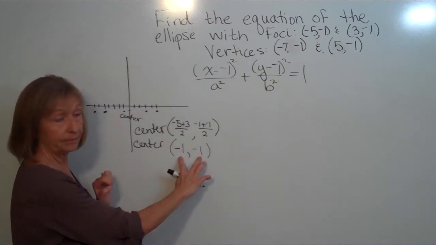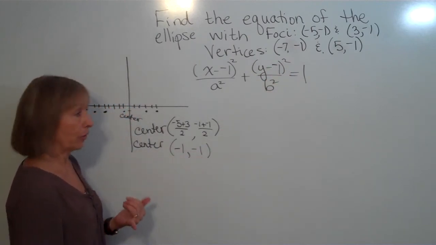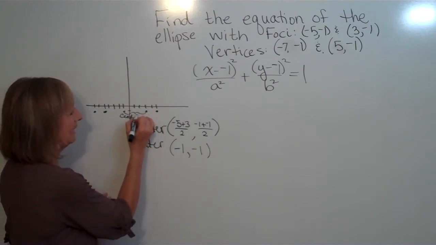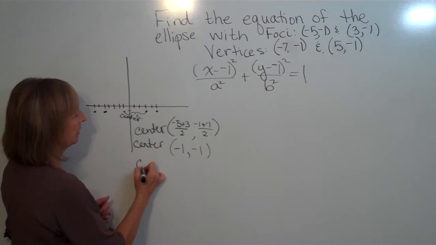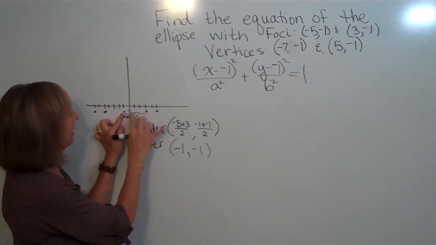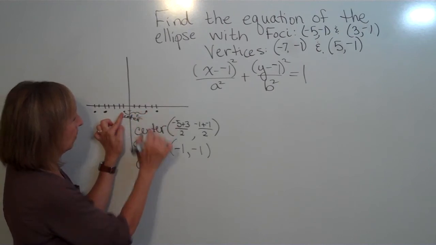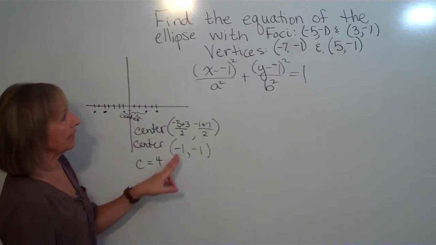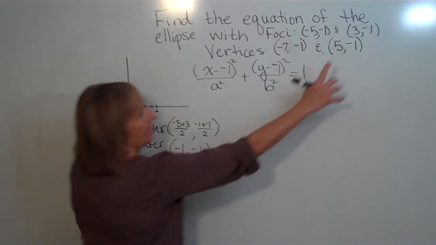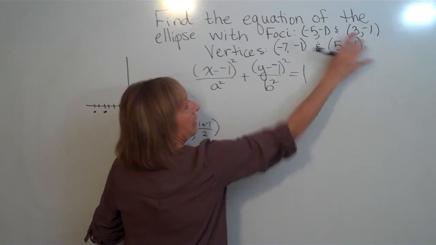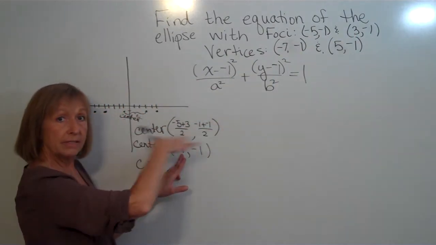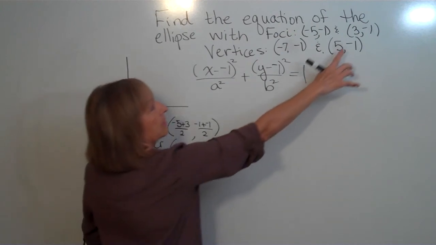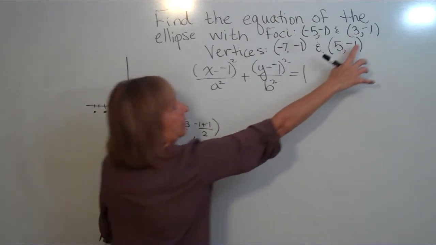All right, next up, I know that the distance from the center to the foci is c. So here, c, I can even count on my grid. It's 1, 2, 3, 4 away. So c is 4. If I didn't want to count on my grid, I could see that since the major axis is running horizontal, it's the x coordinates that are changing and the y coordinates staying the same.